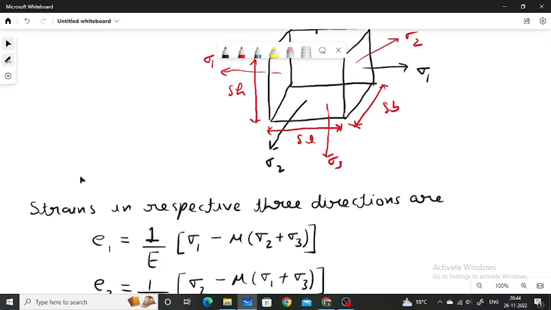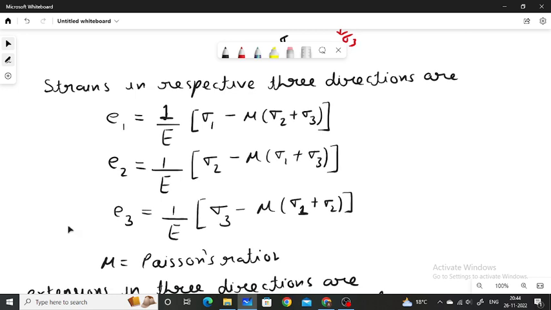Now, from the generalized Hooke's law, we know the principal strain in the direction of the stresses. So the strain in the direction of sigma 1 will be E1 is equal to 1 by E sigma 1 minus mu sigma 2 plus sigma 3.